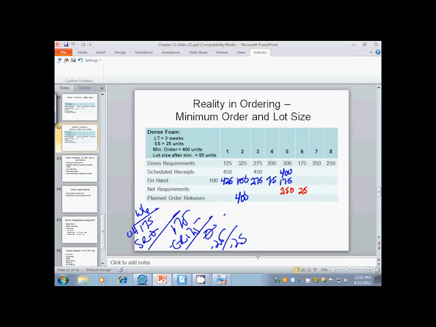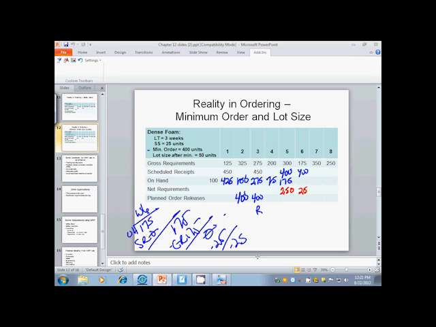Can you order 25? No, you can't. What's the minimum number you have to order? 400. So in week 3, we should plan on ordering 400 units to be able to get that in week 6 so that we have enough to use here of the dense foam.